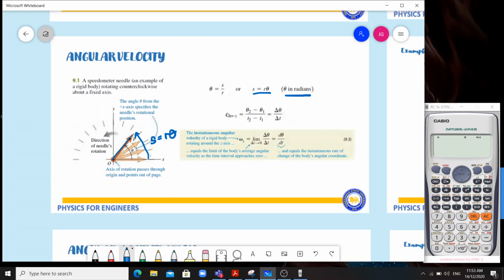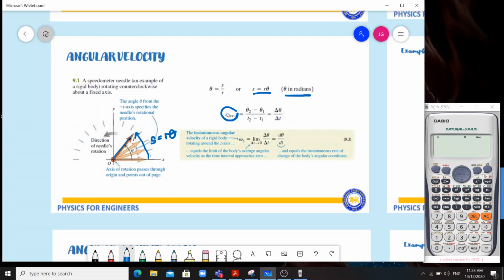We have what we call angular velocity, which is denoted in rotation as omega. The average omega is equivalent to theta 2 minus theta 1 over t2 minus t1, or delta theta over delta t.